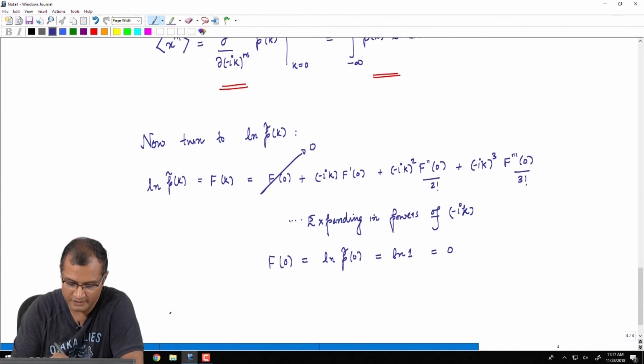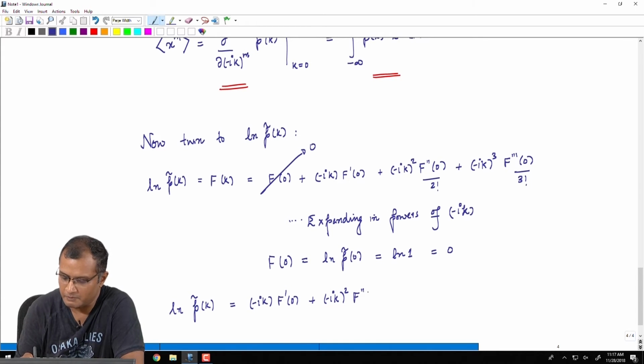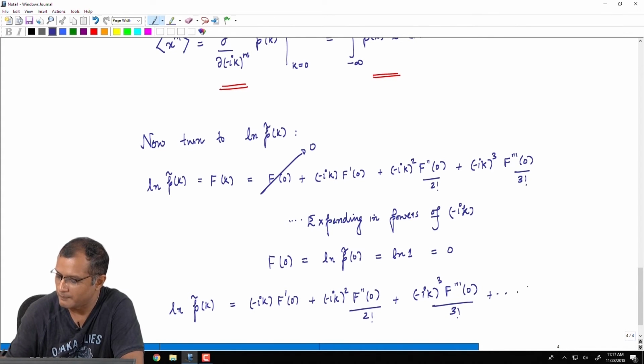So, what we have here is ln of p of k, the left hand side, as minus ik into f prime 0 plus minus ik to the power 2 f double prime 0 over factorial 2 plus minus ik to the power 3 f triple prime 0 upon factorial 3 and so on.